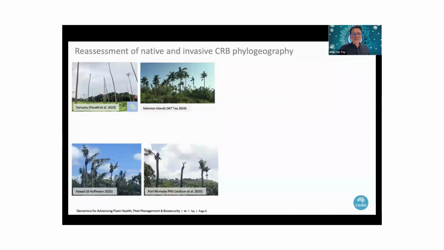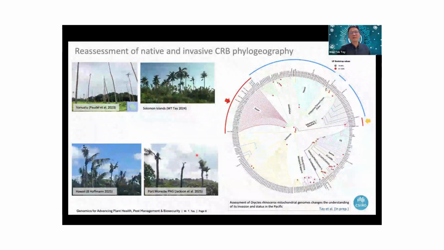So if we look at the reassessment of the population, in countries that are now reporting severe damage of the coconut palms, like Vanuatu, Solomon Islands, Hawaii, and Papua New Guinea, we would expect that the Guam populations should be there, or at least populations having the Guam signature. With around 300 individuals analyzed at the full mitochondrial DNA genome, we see that the Guam population remains on Guam.